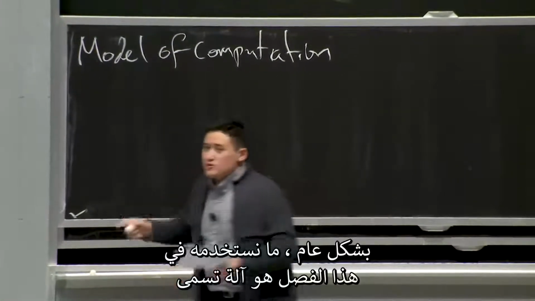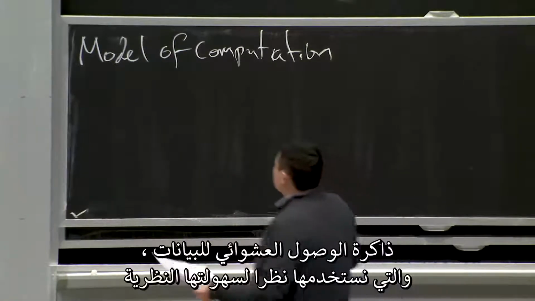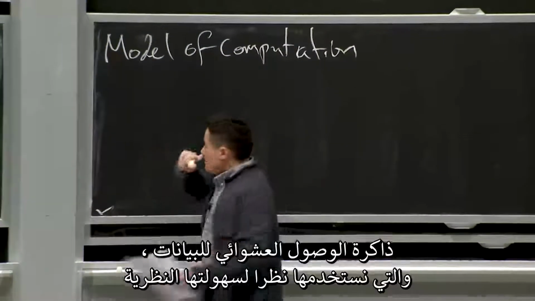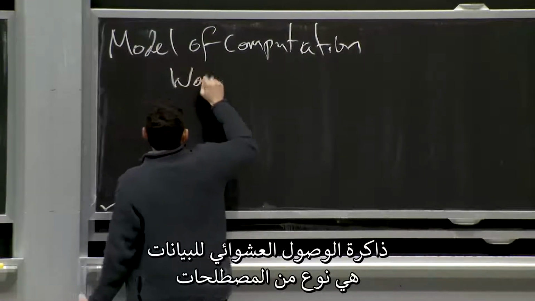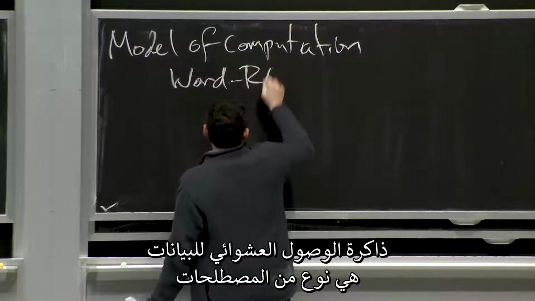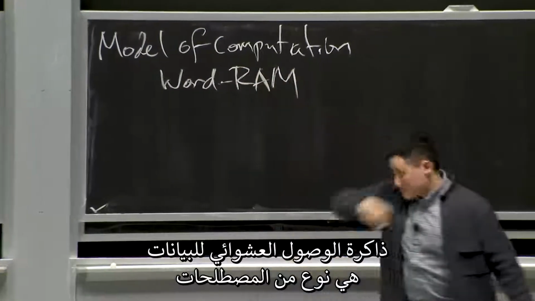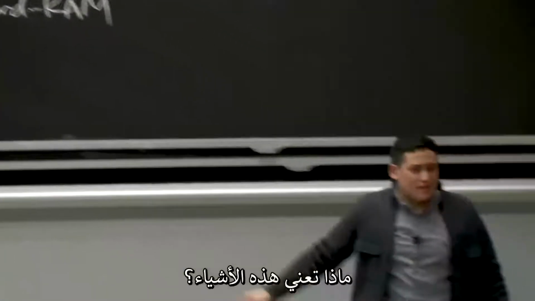In general, what we use in this class is a machine called a word RAM, which we use for its theoretical brevity. Word RAM is kind of a loaded term. What do these things mean?